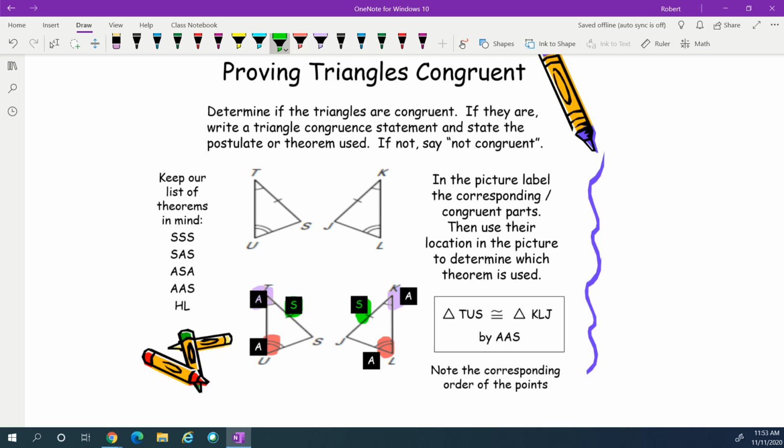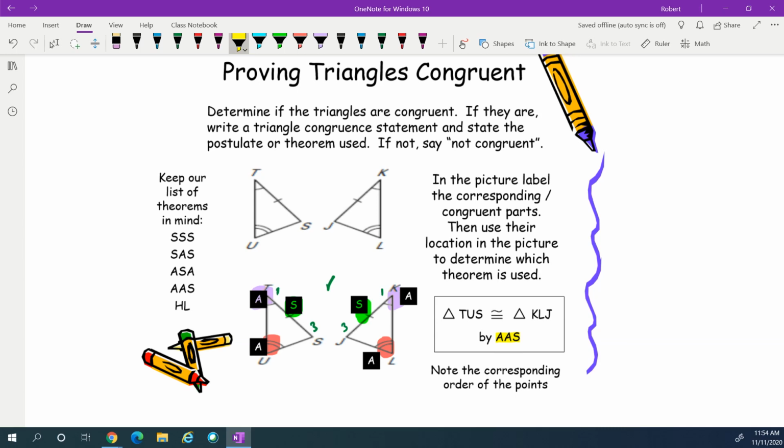It's a different side. I have to make sure that these are the corresponding sides. So when I look at, in the first picture, if I look at segment AS, it's the segment going angle 1 to angle 3. I have to match that in the other picture, the segment connecting angle 1 to angle 3. That's good. So I'm going to say AAS.